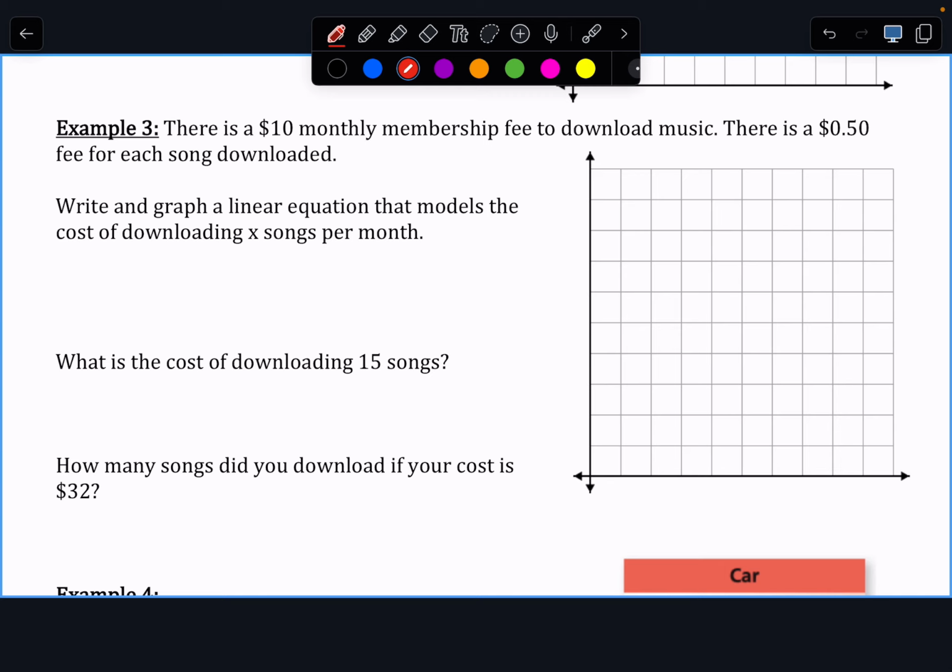Do you have a thought? Which one's the slope? So you're saying that 10 has the word per or each with it.